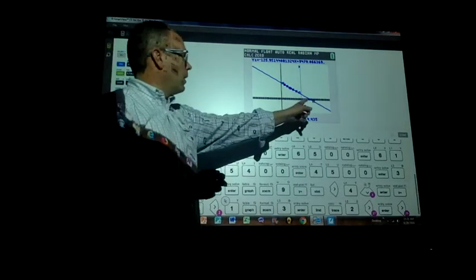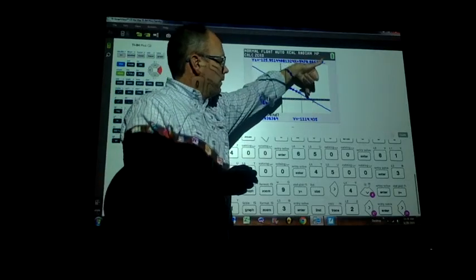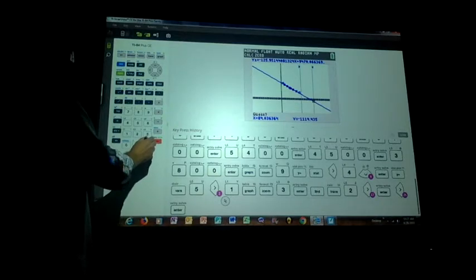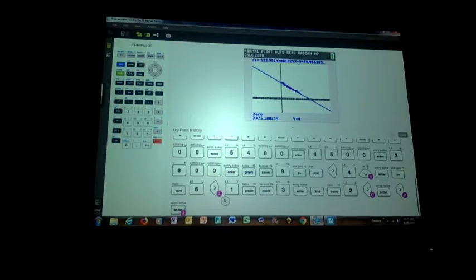Does it look like I'm on the right side of that point right there? Yes. So enter. You have to make sure you're above and below the x-axis, which we are. So it looks like at just over 75 minutes into our sales, we've sold out.